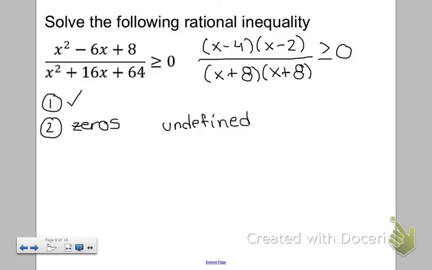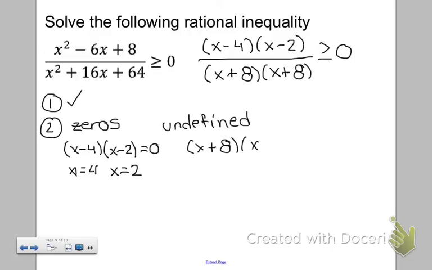Alright, so for my zeros, I need to solve x minus 4 times x minus 2 equal to 0. And that's going to give me 2 zeros of x equals 4 and x equals 2. For my undefined portion, I need to solve the quantity x plus 8 times the quantity x plus 8 equals 0. And that's just going to give me one critical value of x equals negative 8.